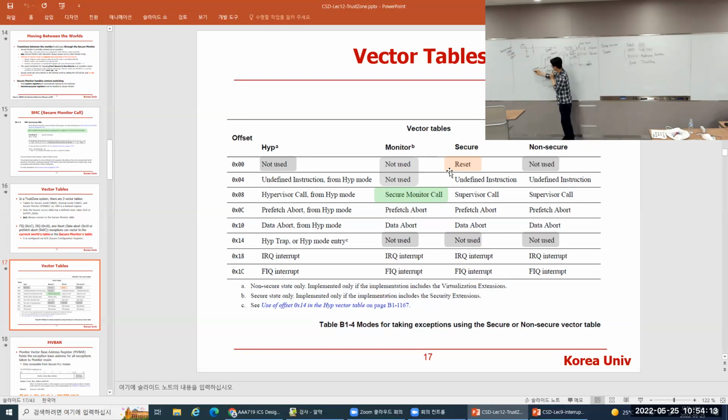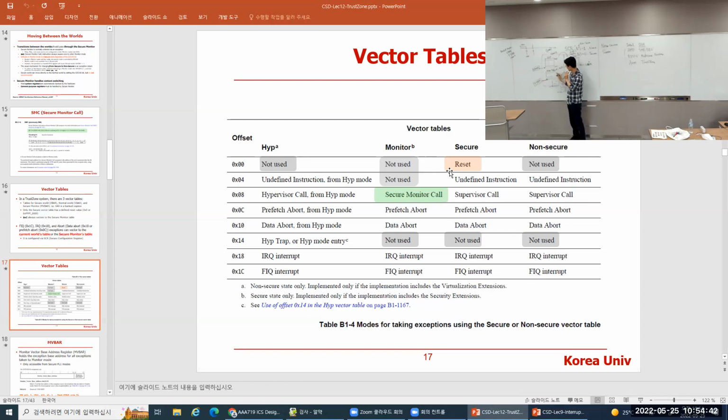We have the VBAR system register, and TTBR should be programmed to indicate the start location of this page table. That means every time you do a context switch, you are writing context switching code for the mini project, right? Every time you do a context switch, TTBR should be reprogrammed.